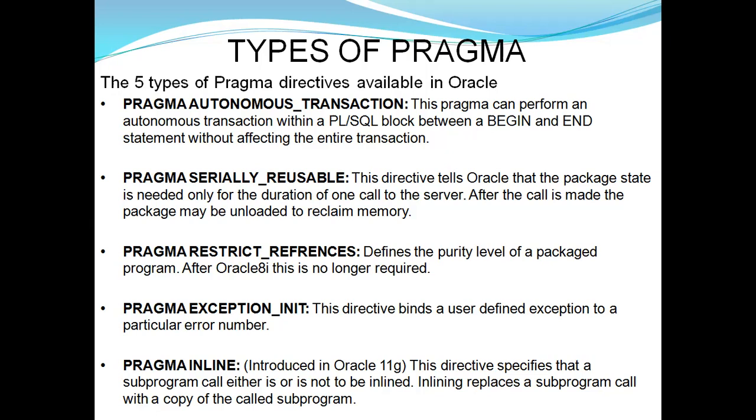Let's say I want to raise a user-defined exception but link it with an existing error number. Pragma exception init is just connecting your user-defined exception to a particular error number which already exists.